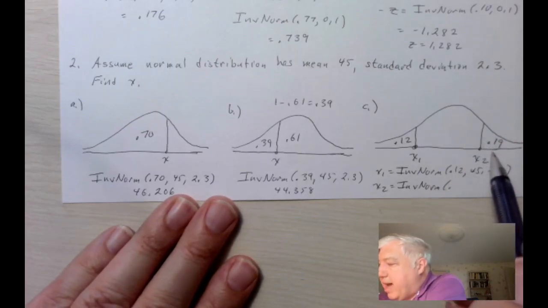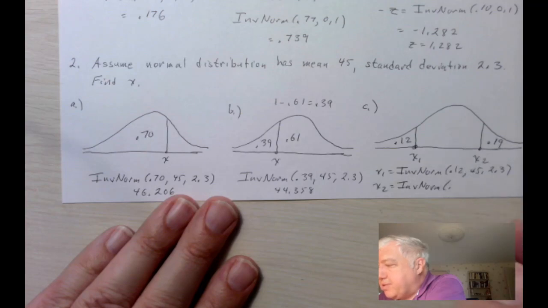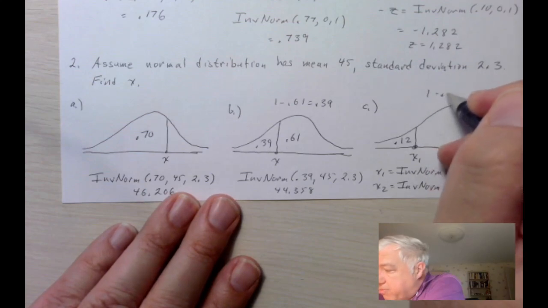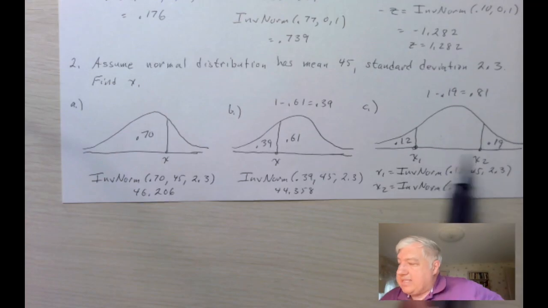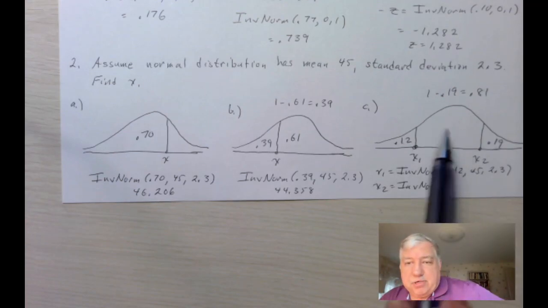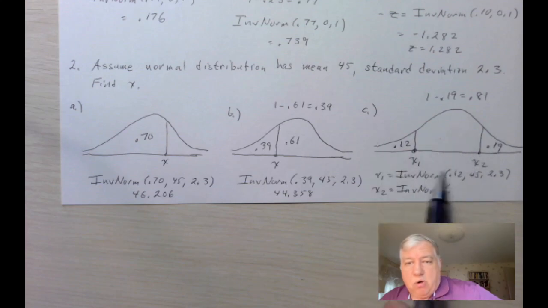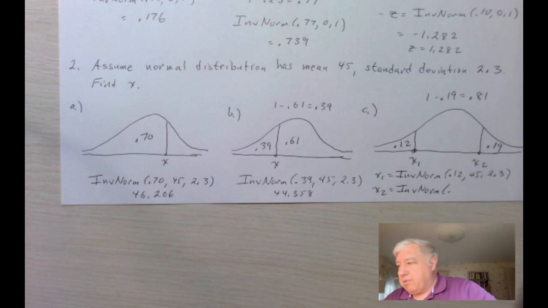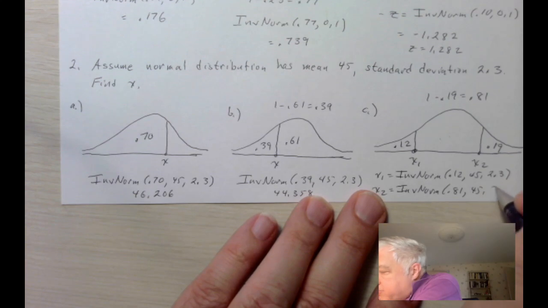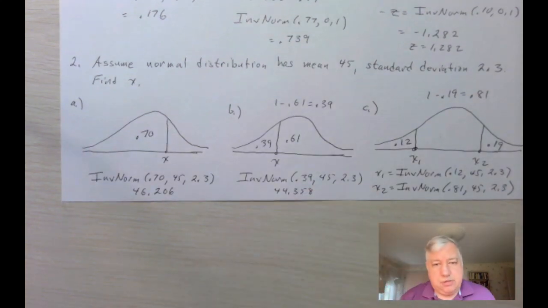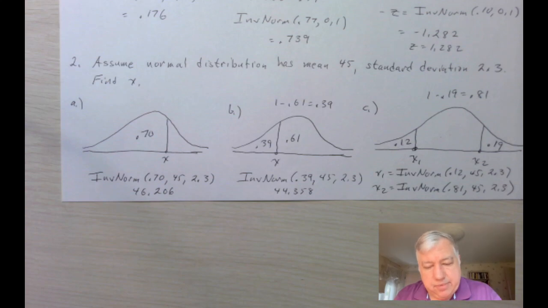Well, actually, we don't even have to know what this region is because this region plus this region is going to be 1 minus 0.19. So that's 0.81. And that's not this region, but it's this region plus this region. Okay, and that's what we want to enter. We want to enter the total area to the left of the number we're looking for. So this would be 0.81, 45, and 2.3. And just so you know, that number is exactly 47.019. Okay.